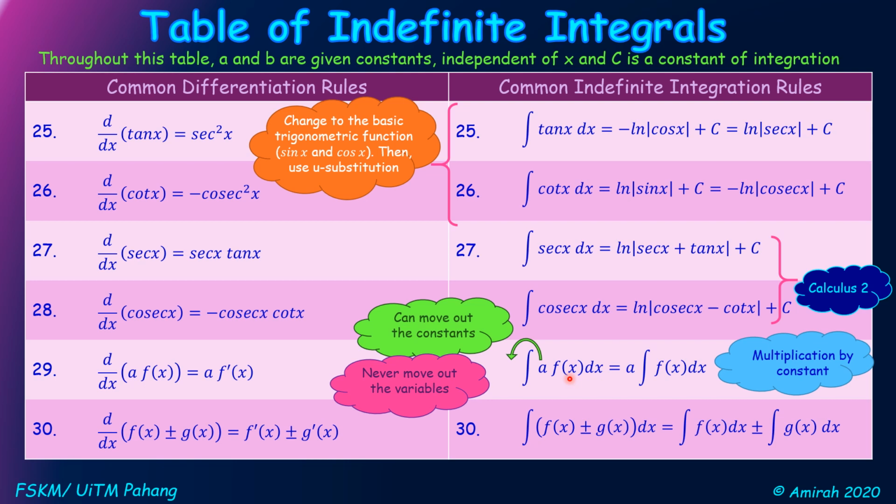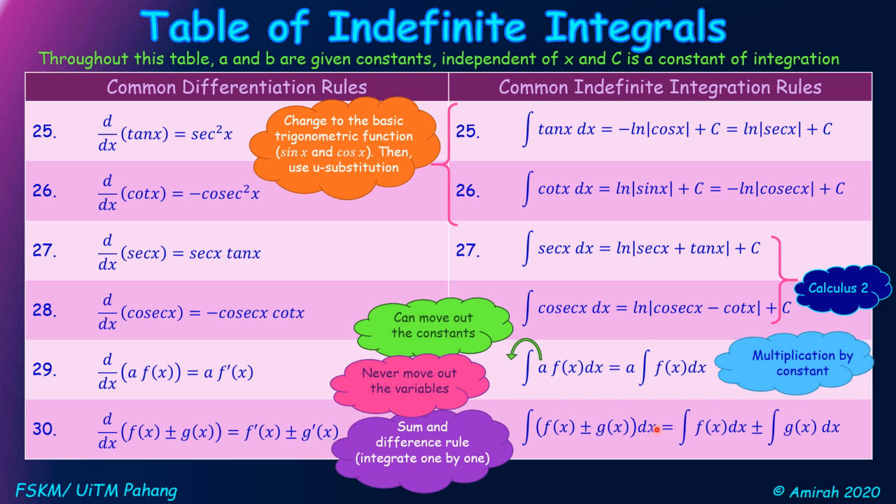Variable means x, u. And if we have in between a plus or minus sign, we can integrate using the sum and difference rule. Sum and difference rule means we just integrate one by one. When we have a constant in front, we can move it out. When in between is a plus or minus sign, we just integrate one by one.